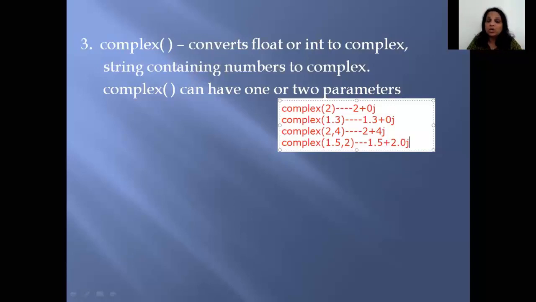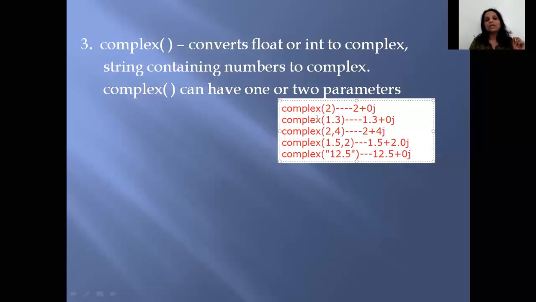It can also convert strings which have numbers in them. Now, for example, if I write complex of "12.5", okay? So now 12.5 is not a floating point number. Remember, it's a string. So what is the complex number that it will generate is 12.5 plus 0j. Is that clear? But if your first parameter is a string, then you can't have the second parameter.